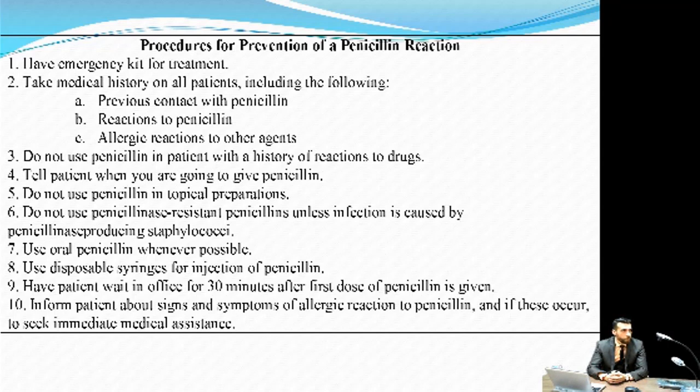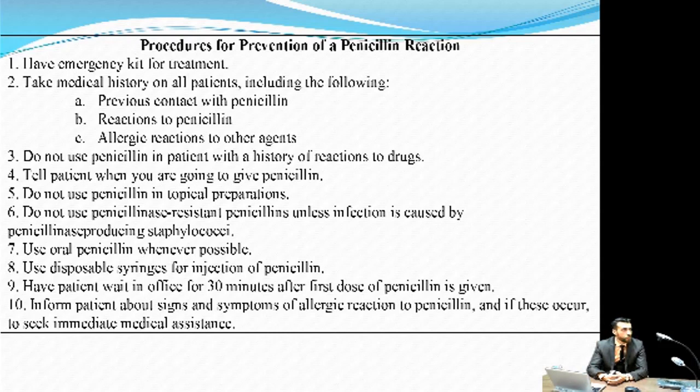Don't use penicillinase-resistant penicillin unless the infection is caused by penicillinase-producing staphylococci, such as with Augmentin, co-amoxiclav. 7. Use oral penicillin whenever possible. It's preferred over IM, IV, or topical penicillin.